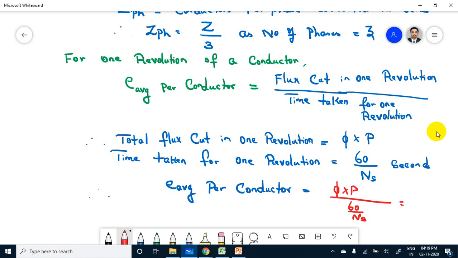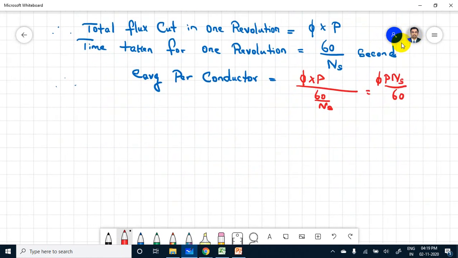So this Ns goes to the numerator: φ P Ns by 60.